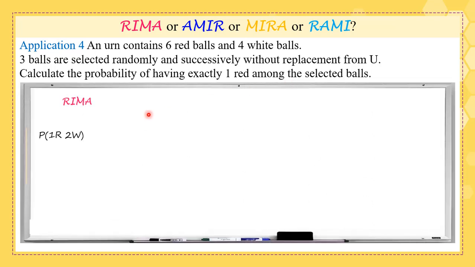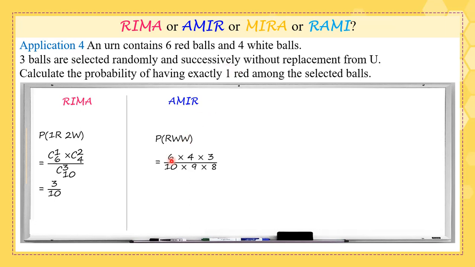Rima said that we need the probability of 1 red 2 W. This is a combination and the answer is 3/10. Amir said that we need the probability of red W W because we need exactly 1 red. And this is 6 times 4 times 3 over 10, 9, 8, which is 1/10.